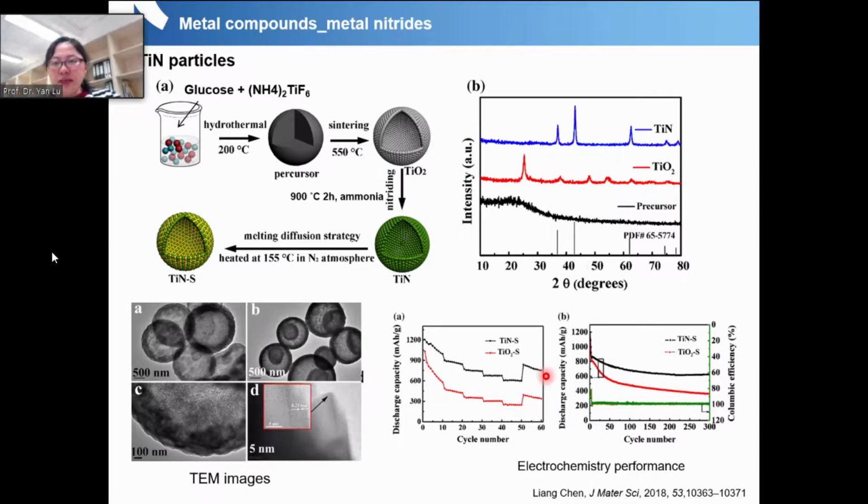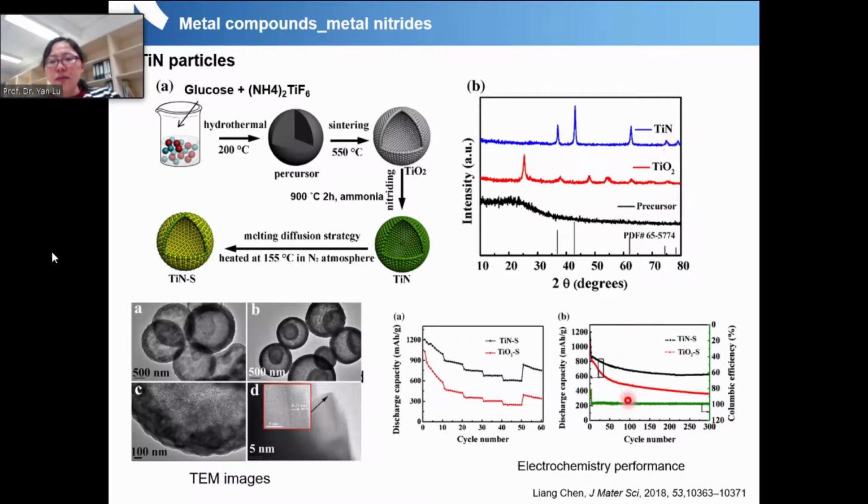And the formation of titanium nitride can also be well proved by the XRD measurement. So you see, this is a precursor. Then they first form the titanium dioxide in the form of anatase in this case. Then finally they form the titanium nitride.